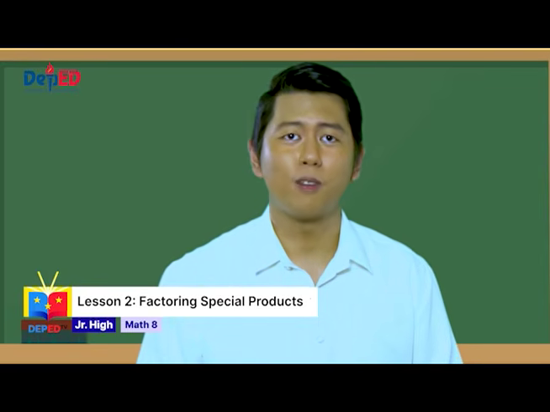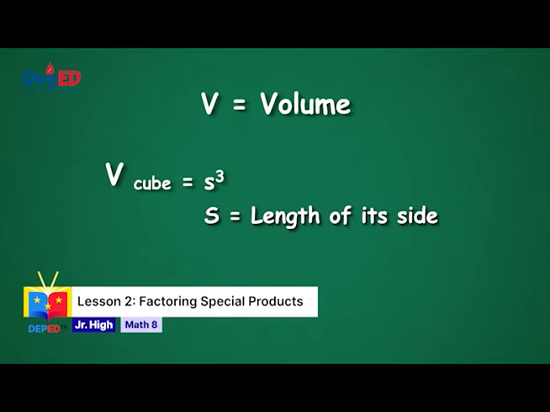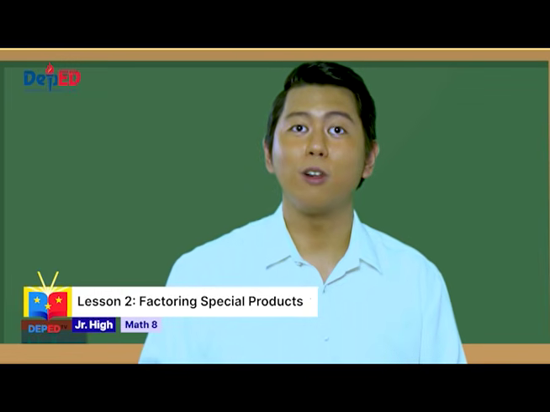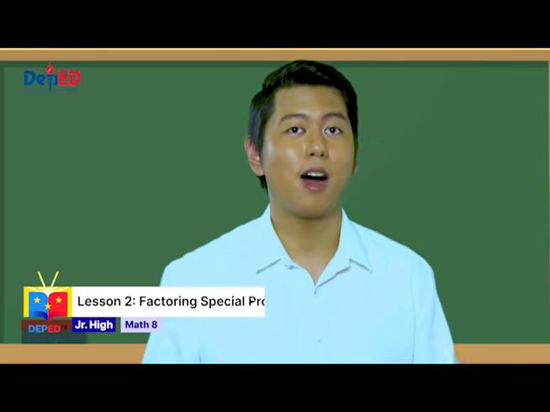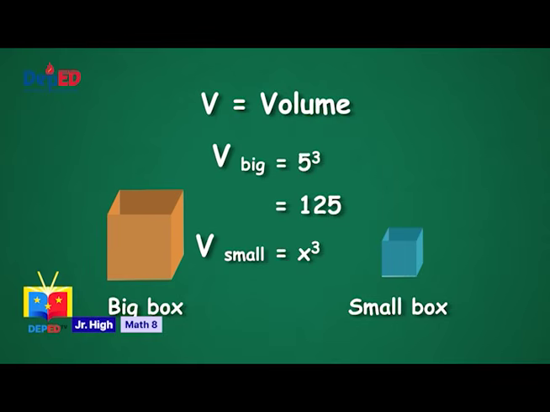What is the formula for the volume of a cube? The volume of the cube is given by the equation V for volume equal to s cubed, where s is the length of its side or edge. So what are the volumes of the bigger box and the smaller box? The volume of the bigger box is equal to the cube of 5, which is 125 cubic inches, while the volume of the smaller box is x cubed, since we didn't know the exact measure of the side.